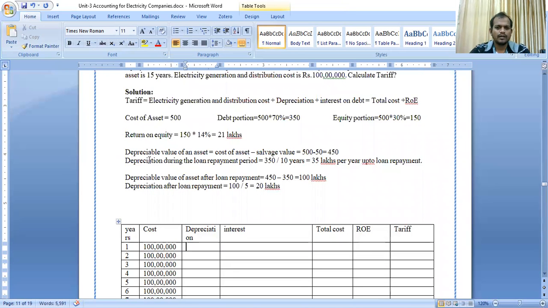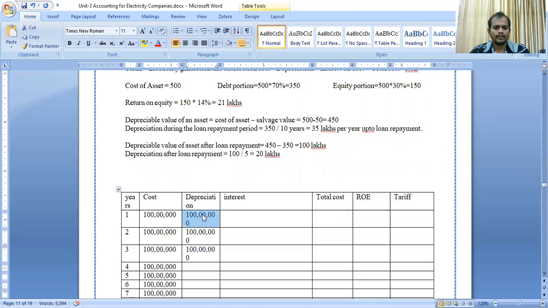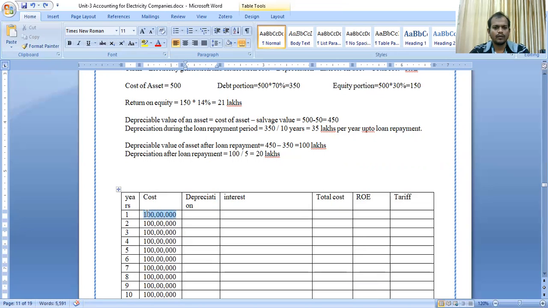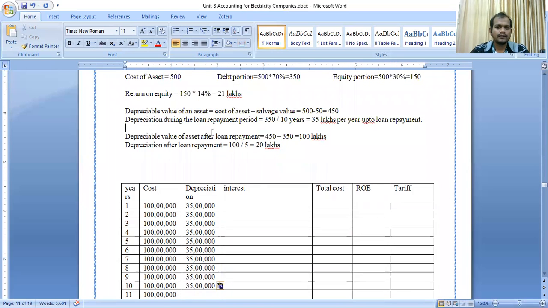So depreciation for 10 years, it is 35 lakhs. 35 lakhs for 10 years. After 10 years, the depreciation will be 20 lakhs.